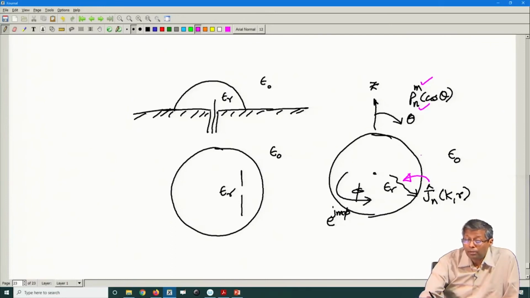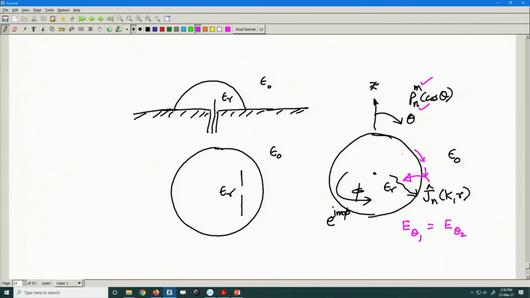We are going to match the fields here, that is, the E theta 1 will be equal to E theta 2, where these are the tangential fields. E phi 1 will be equal to E phi 2. Then we will have H theta 1 equal to H theta 2, and H phi 1 equal to H phi 2.